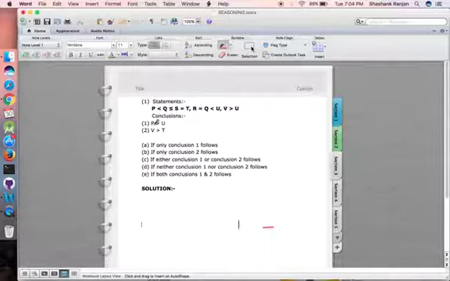So first we solve this question through the traditional method. What's the relation of P to U? We can see that U is connected to Q by greater than.